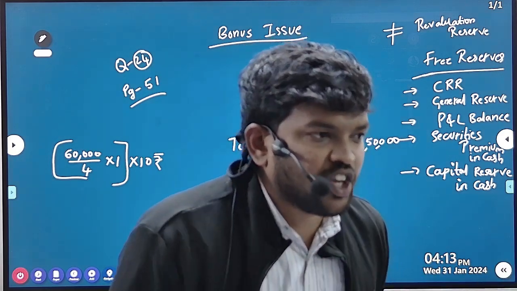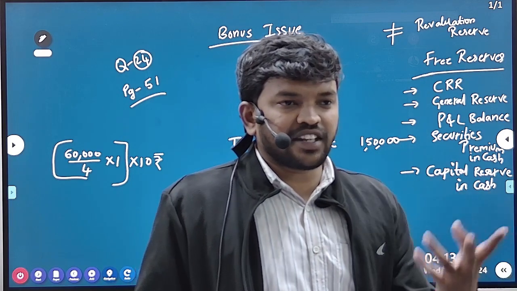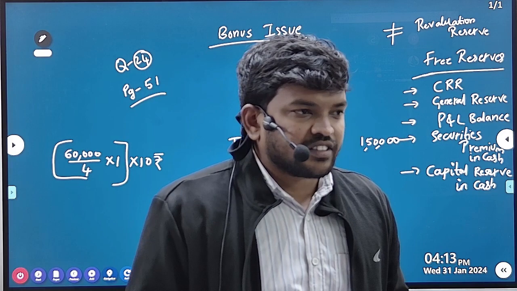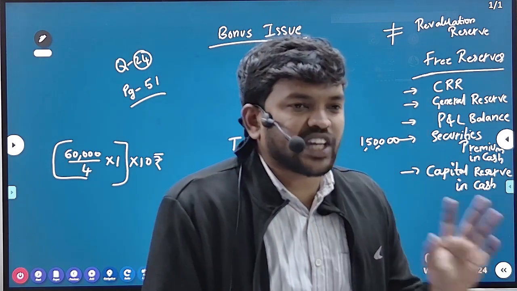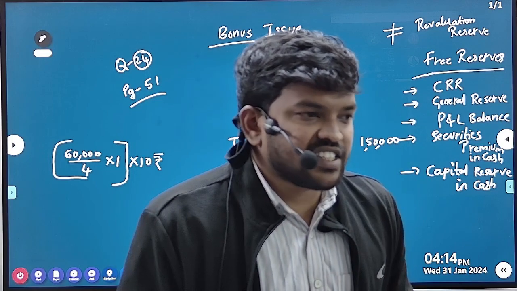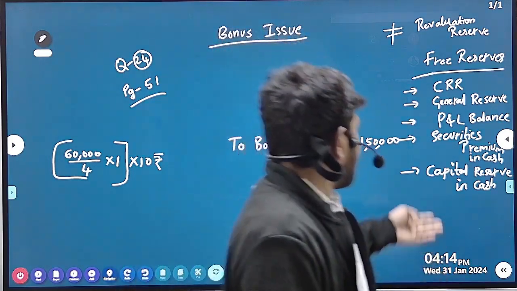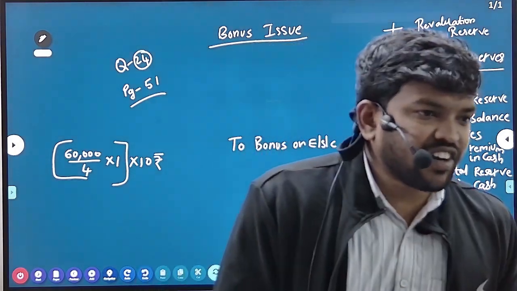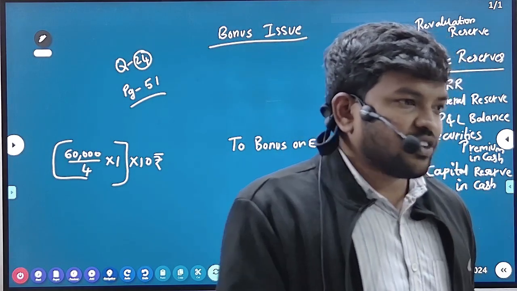When the company sells the machine, it will realize cash or not? Cash. So this 37,500 is only the cash part. The rest is not the cash part; you have to assume. So capital reserve realized in cash, how much? 37,500. So you have to utilize 37,500 only.